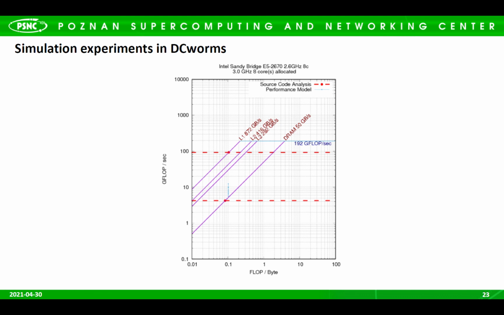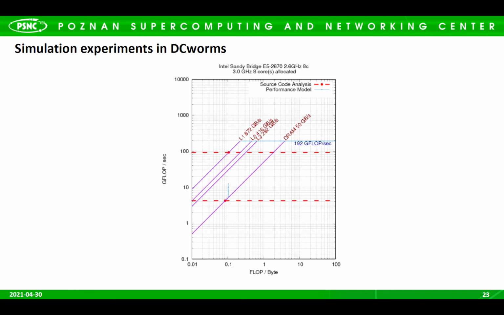Here we show an example Stencil application performance chart generated by DC Worms, based on the 7-point Stencil. On the x-axis, computational intensity is measured in flops per byte, and the vertical axis shows the overall resources performance measured in Gflops per second.